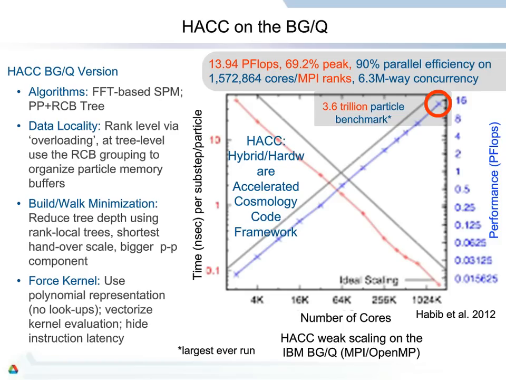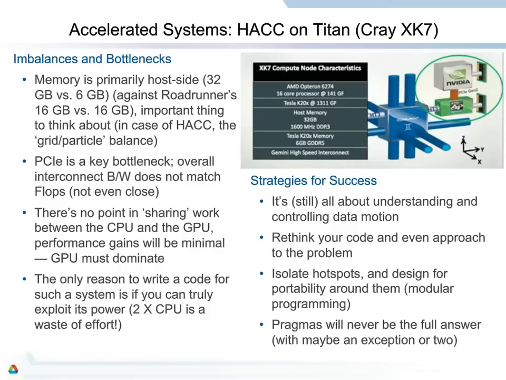Now let's go on to another example, which is quite different. This is the Cray XK7, a machine called Titan at Oak Ridge. Here you have a difference: you now have 32 GB on the host side and 6 GB on the GPU. Again, this is quite different from Roadrunner's 16 GB on the processor side and 16 GB on the cell side. When we were writing the code for Roadrunner, we did something interesting.